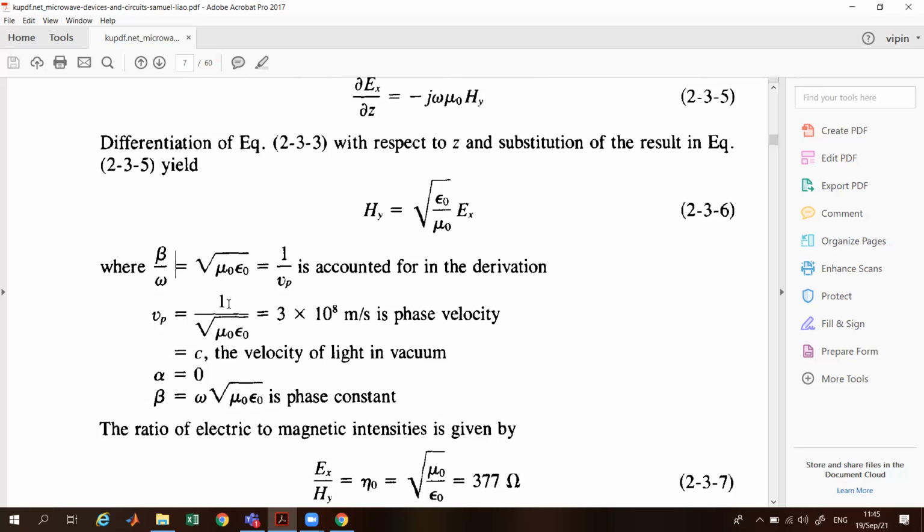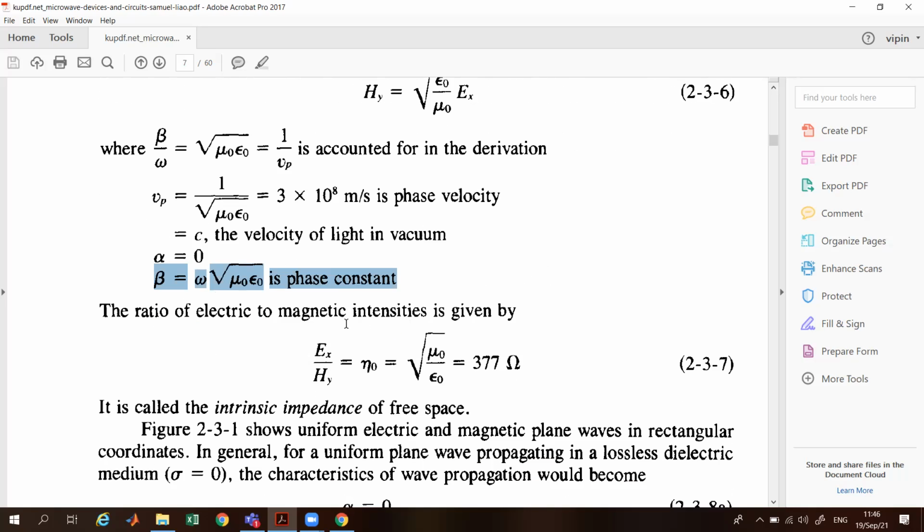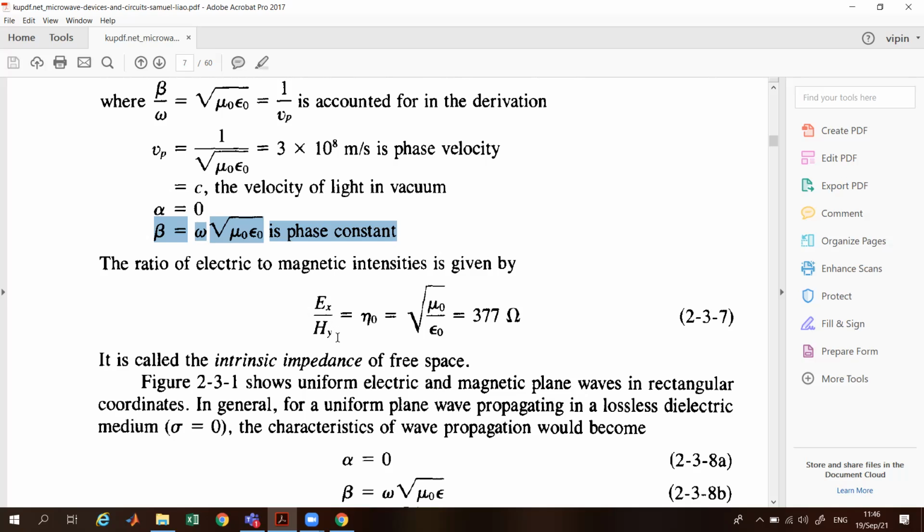Vp is basically 1 divided by the square root of permeability and permittivity in free space, which equals 3 into 10 raised to the power 8 meters per second, the phase velocity. Alpha is equal to 0 for a uniform plane wave, and beta will then be equal to this, which is the phase constant. The ratio of electric to magnetic intensity is given by Ex divided by Hy.